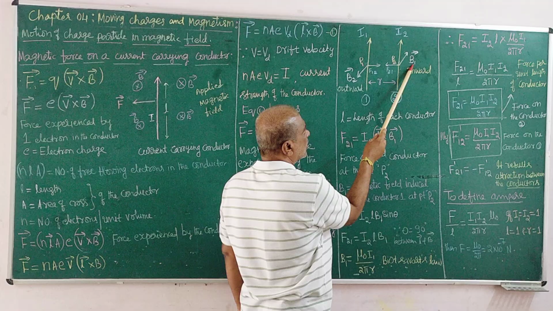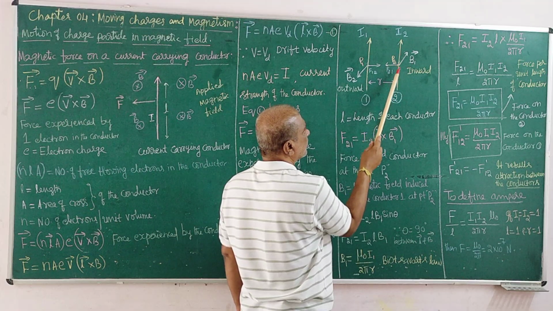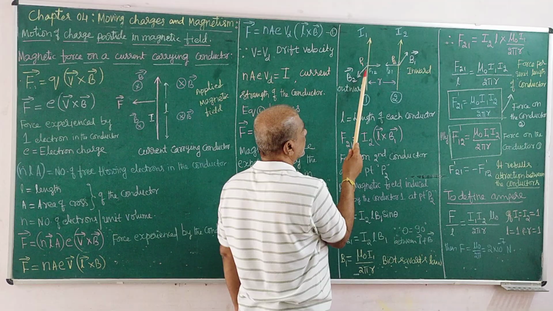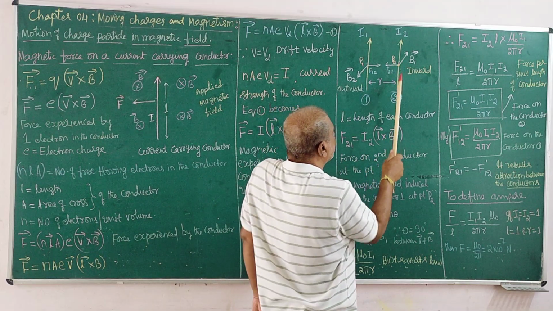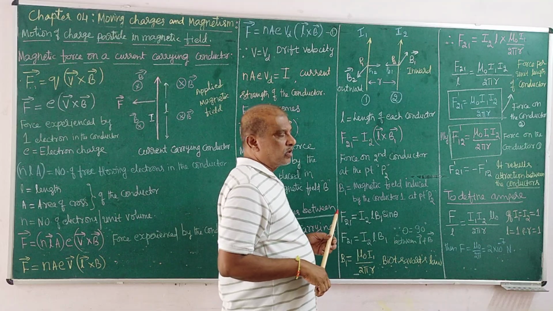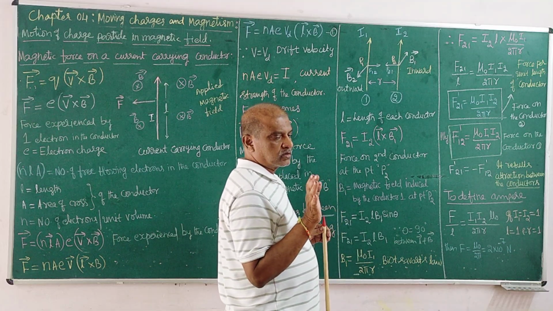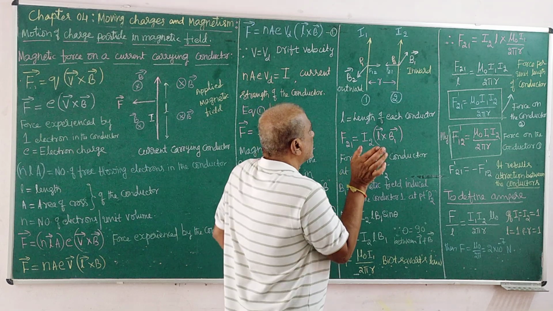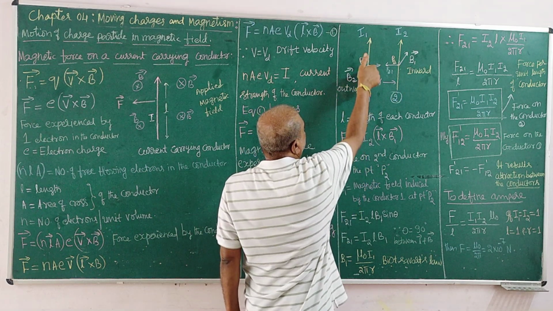That magnetic field is called B1. At every point there is a magnetic field induced by this conductor. What would be the direction of the magnetic field? That is in accordance with Biot-Savart's law, direction of magnetic field. This is the current carrying conductor.